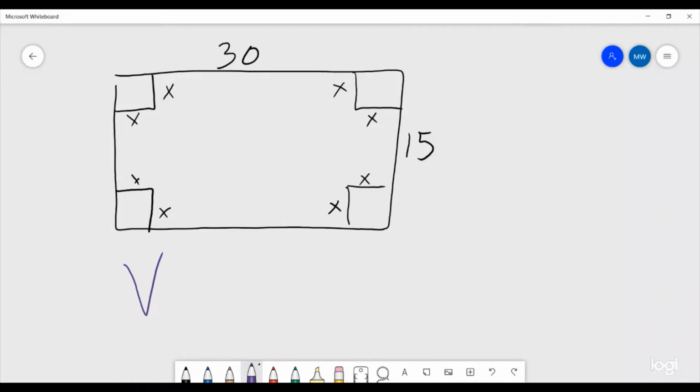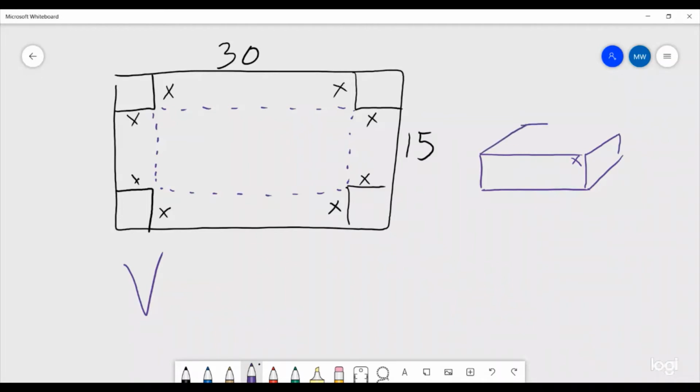Well, once we fold it up, these lines are going to be where the bottom of the box is, and so we are going to get a box that looks like this, and then it's going to have a height of x. But the question is, what's going to be these two sides? Well, this side here, that's going to correspond to this length.